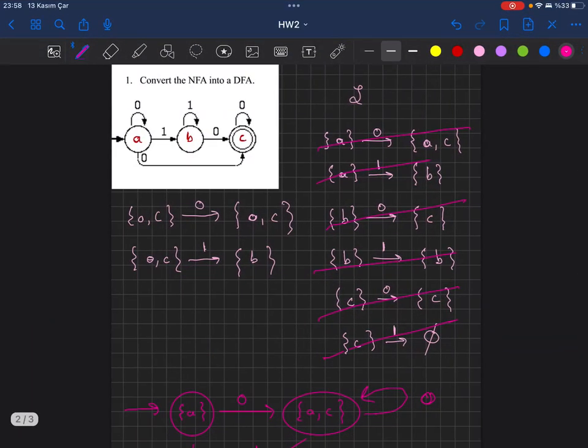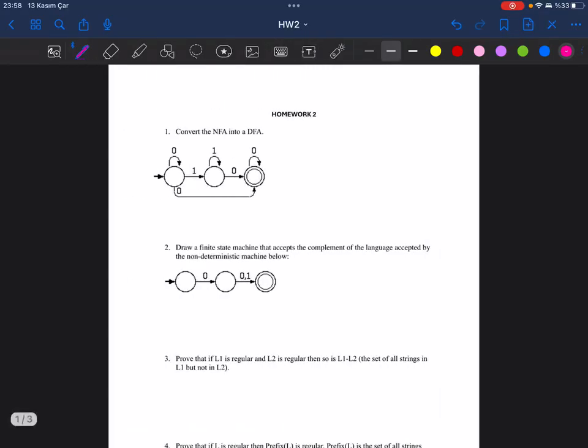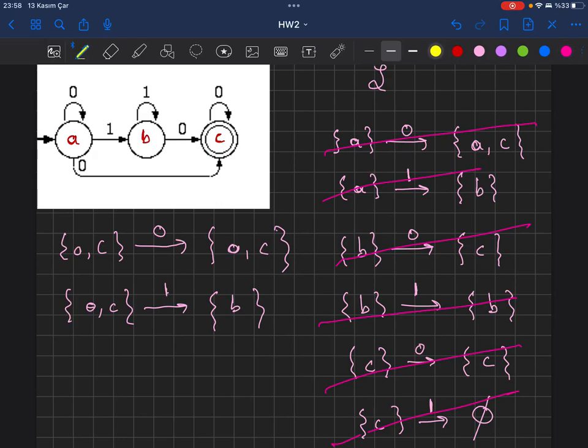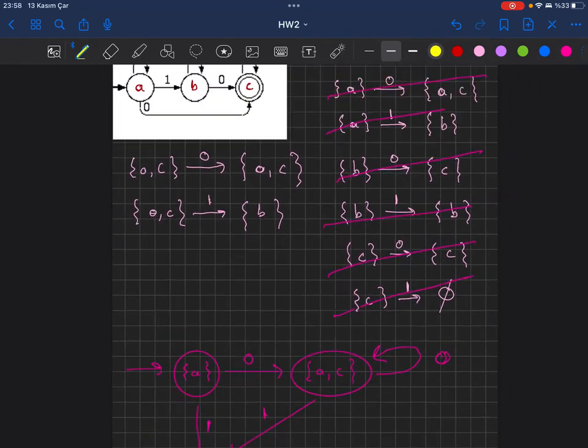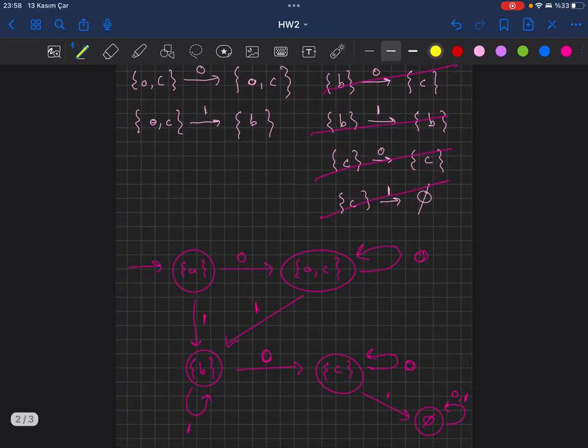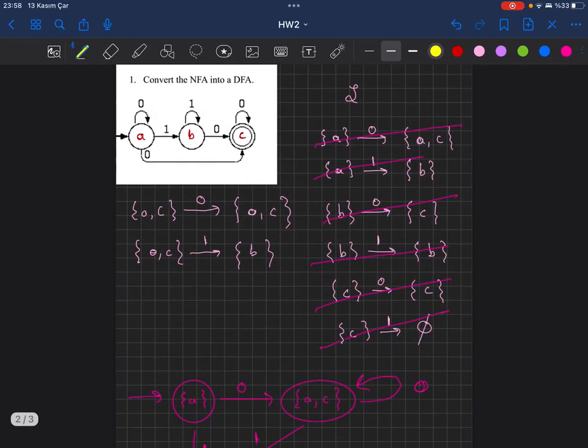Sorry, I didn't finish the question. In the last step, with the diagram, when you do all the transitions, you should decide the final state. And look at the NFA state diagram. As you see, C has a double circle. That means this is the acceptance state.